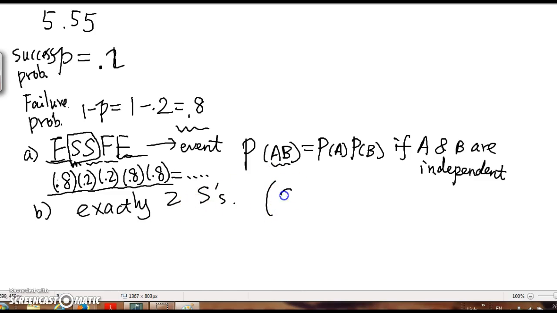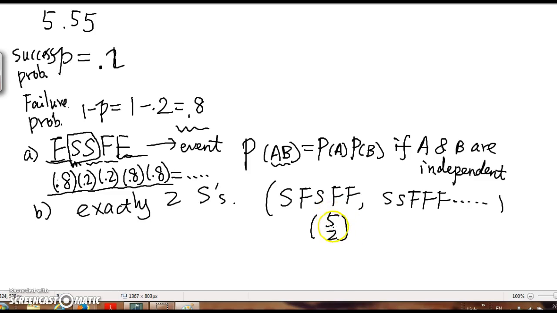For example, we may have S, F, S, F, F. Or we may have S, S, F, F, F, and there are lots of them, which we know by the combination formula, 5 choose 2. We have 5 people.